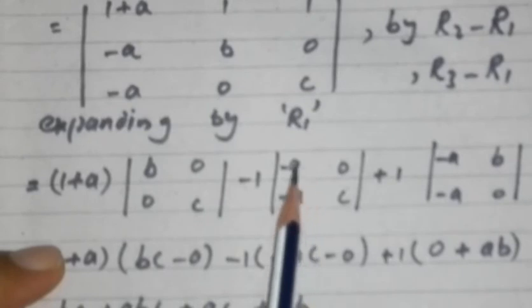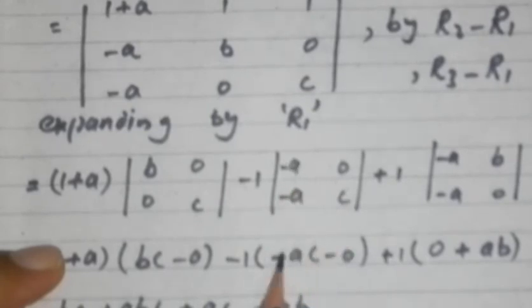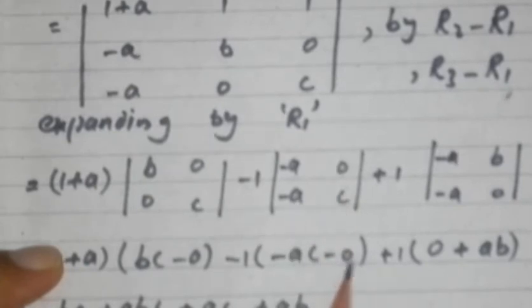Now expand by row first. 1 plus a, cancel these two, b 0, 0 c, minus 1, cancel these two, we get minus a0 minus ac, and plus 1 we get minus ab minus a0. Now 1 plus a, b into c, we get bc, and 0 into 0 is 0. Minus 1 minus a into a, we get minus a into c, we get minus ac, and minus a into 0, we get 0.